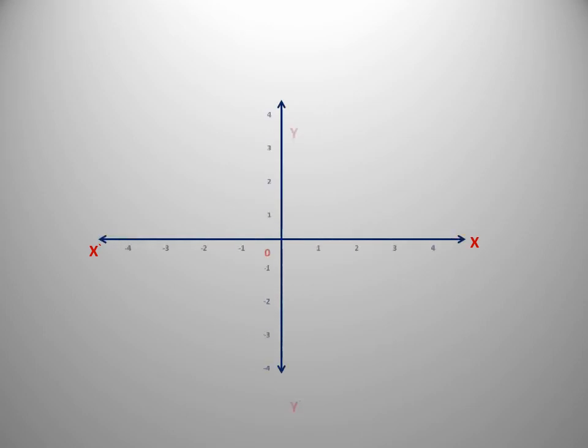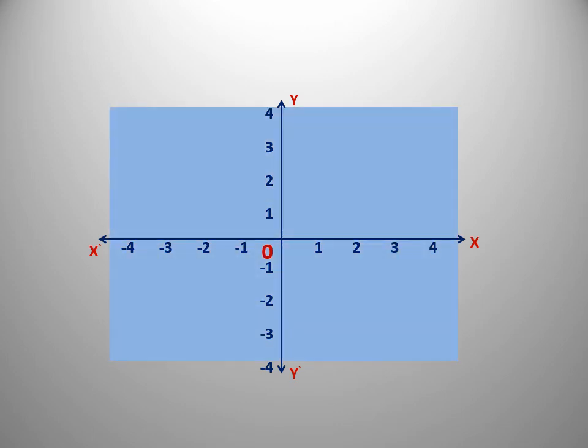Now, I have this Cartesian product, R squared. Okay? I will divide this Cartesian product, this is very important, to four quarters. First quarter, second quarter, third quarter, and fourth quarter.